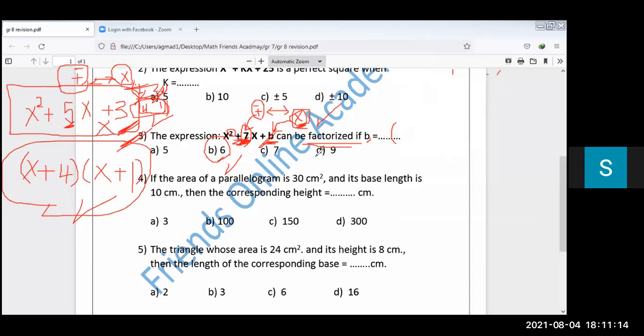He is asking about the same idea: if b equals what, you can factorize. I think of a number that, if you multiply, gives the same answer as if you add them. 6 times 1 gives me 6, and 6 plus 1 gives me 7.